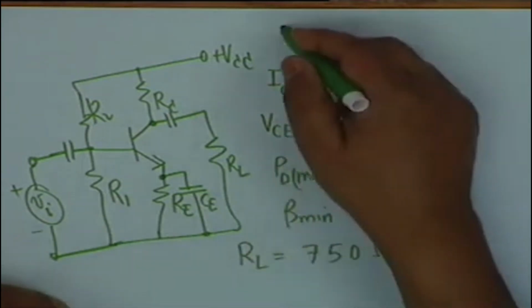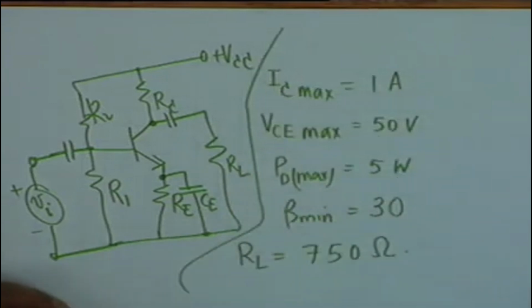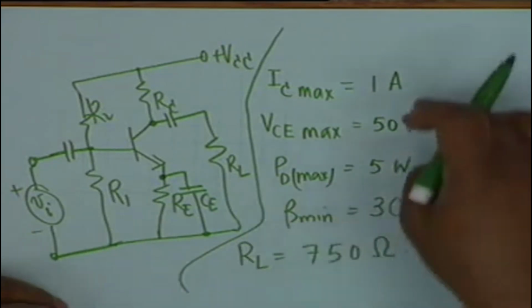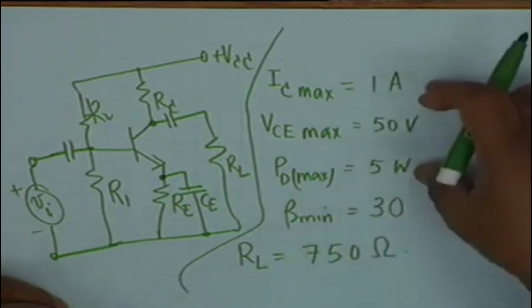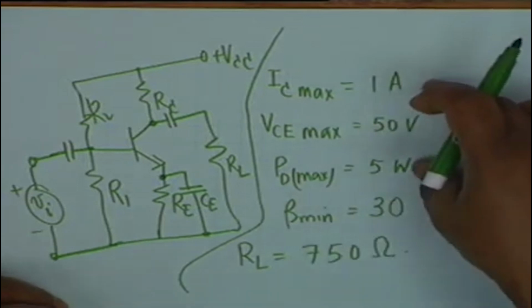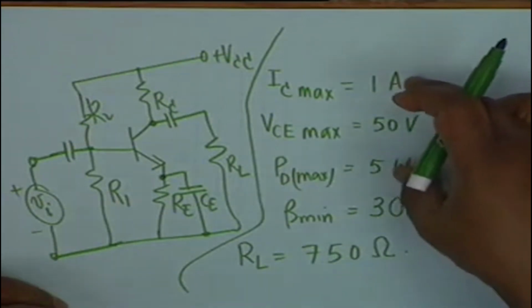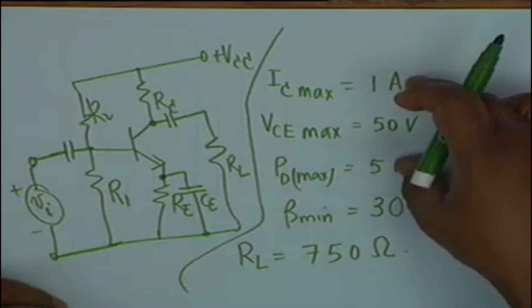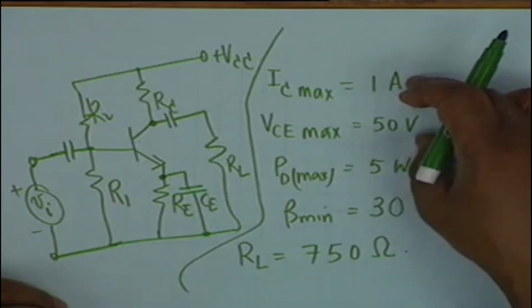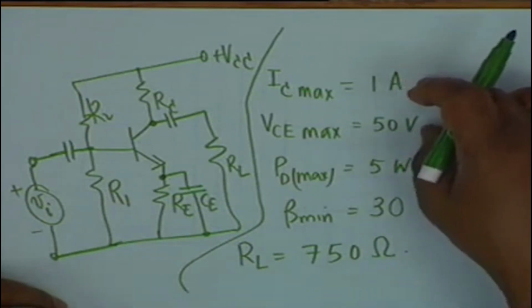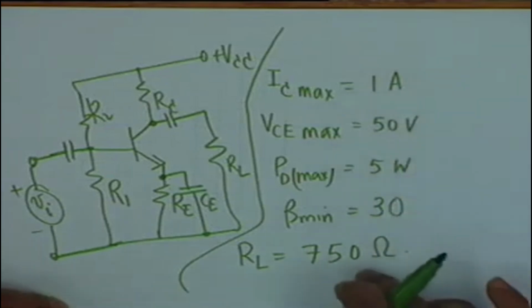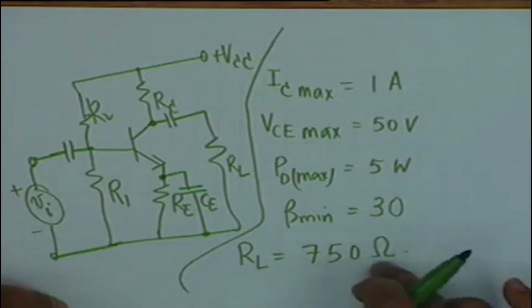Now you see, the power amplifier design has to be a compromise between many factors, many situations. These maximum specifications, these three, must not be exceeded. Number one, under such circumstances, how do you choose your Q point and the AC load in order that maximum power is delivered to a part of the equivalent AC load?